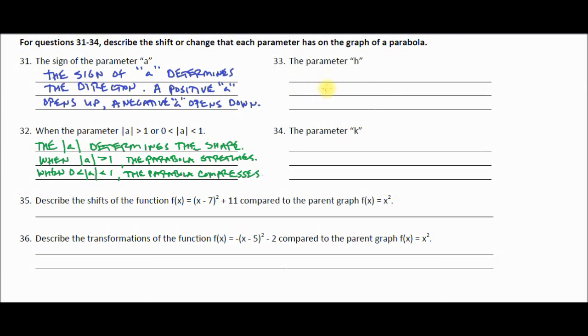Look at parameter H. What does H do? The parameter H, I'll just say the H value shifts the parabola left and right, or we're going to say horizontally.